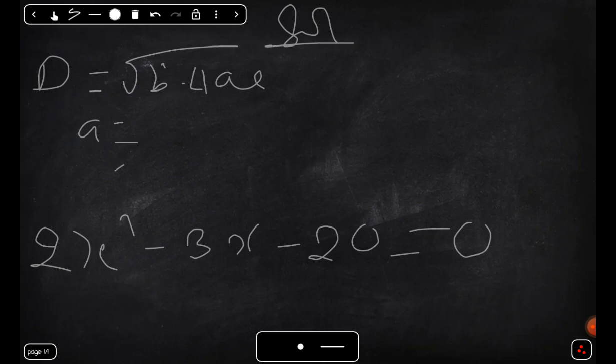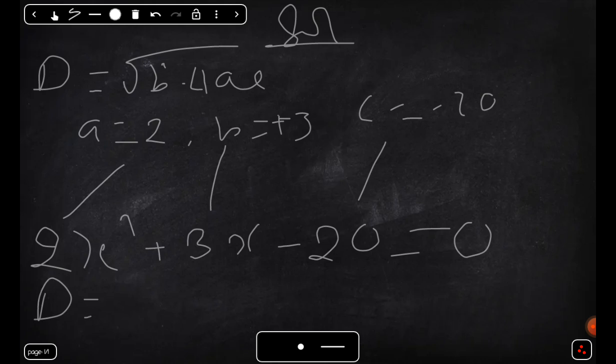So our a here is 2, our b here is 3, sorry, our b is plus 3, actually positive, and then our c is minus 20.